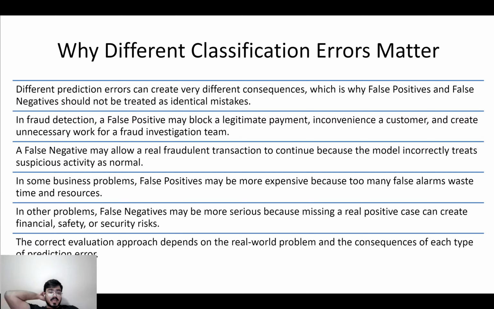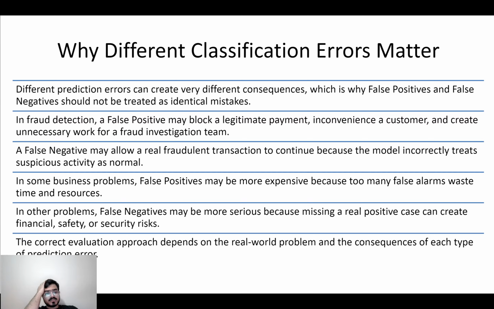The idea applies to many other machine learning applications as well. For example, a medical diagnosis system missing a serious disease could delay treatment and affect the patient's health. On the other hand, a false alarm may simply require additional medical tests to confirm the diagnosis. Because every application has different priorities, machine learning engineers cannot evaluate every model in exactly the same way.